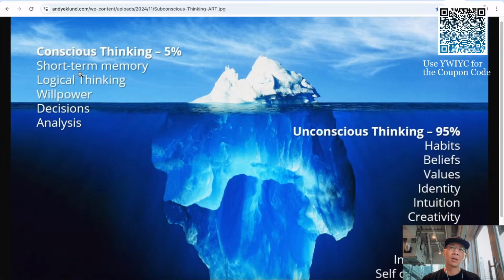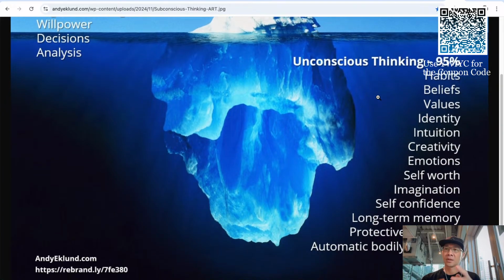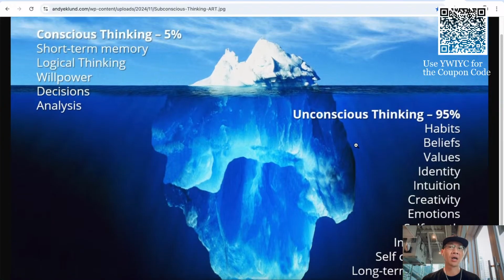The unconscious thinking is your habits and beliefs, your true habits and beliefs, your values, your identity, your creativity, your self-worth and imagination, your true self-confidence. It drives everything, your unconscious, subconscious thinking.